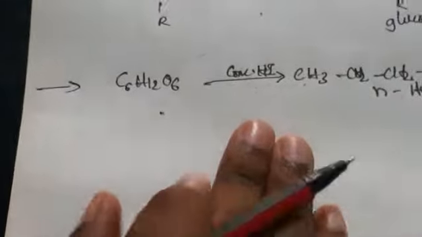Okay. So this is about the general structure of glucose. Then what is the structure? The open chain structure here is glucose.